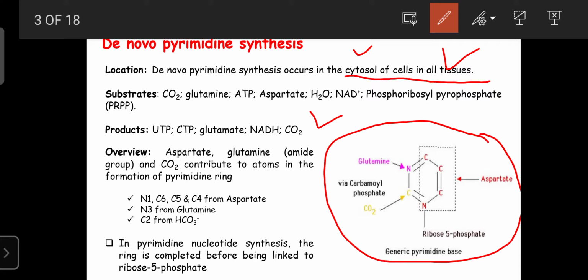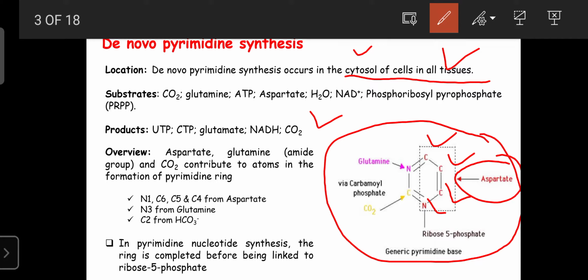In this basic molecule, N1 is the nitrogen at position 1, then carbon at position 6, then carbon 5, and carbon 4. The basic molecule is formed by the contribution of aspartate.